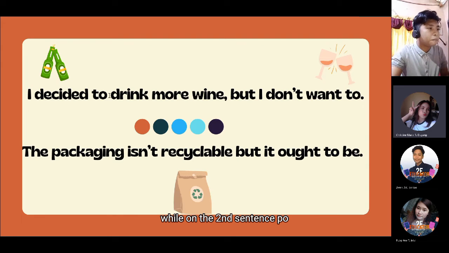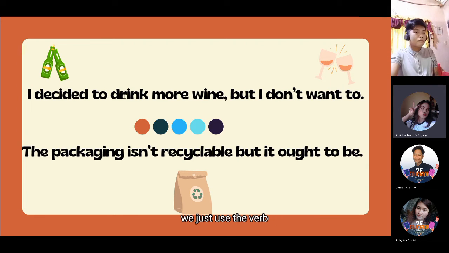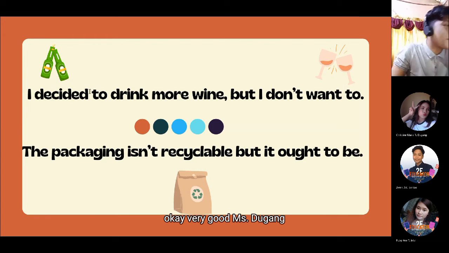While on the second sentence, we just use the verb be, which is the word isn't. Aside from that, we are obliged to use the full infinitive to be in making the sentence correct and the meaning makes sense. Okay, very good, Miss Dugang.